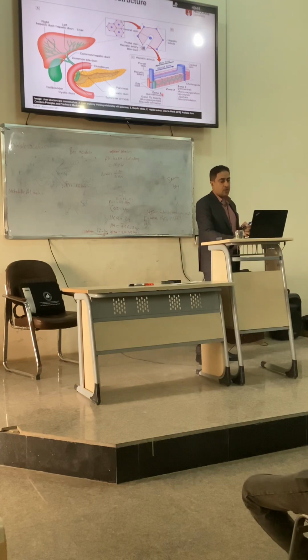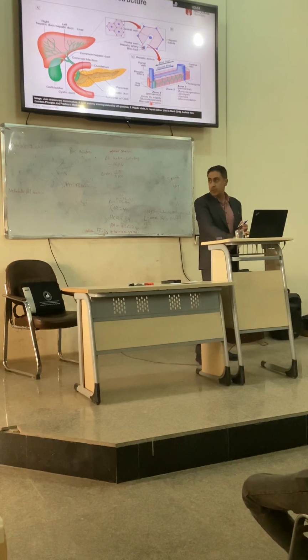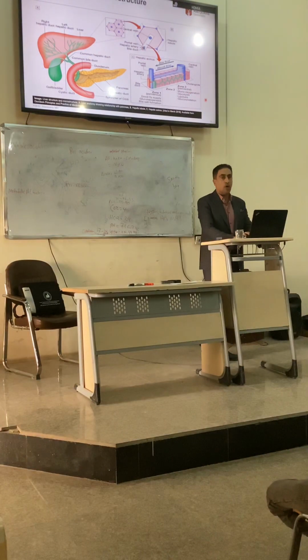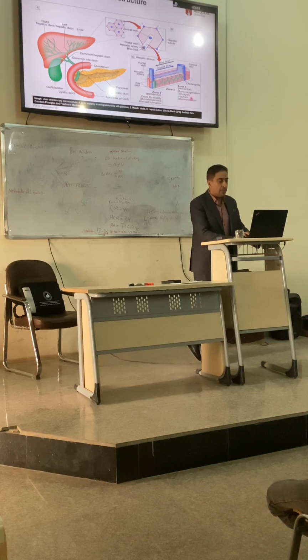That is why zone 1 has a good blood supply. The process of anabolism and bile salt formation happens here. While zone 3 is away from the blood supply, the process of catabolism happens here, lipolysis and glycolysis.